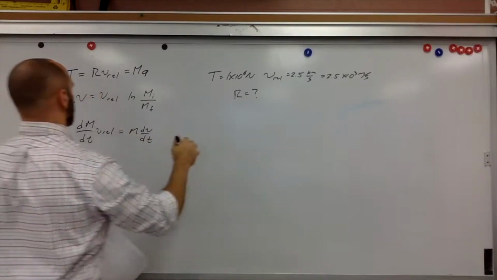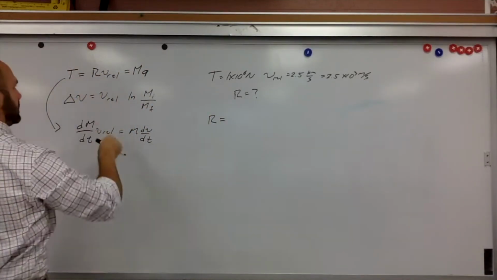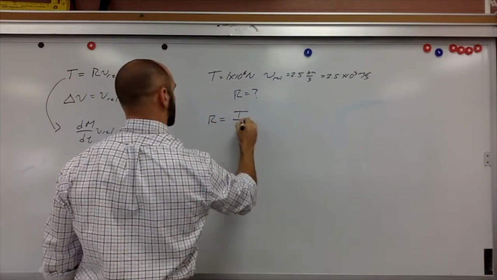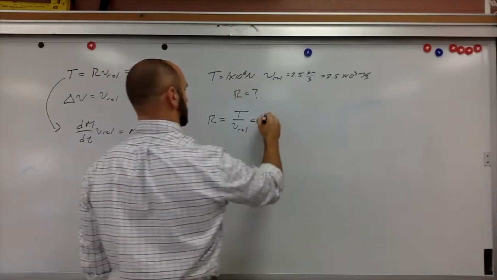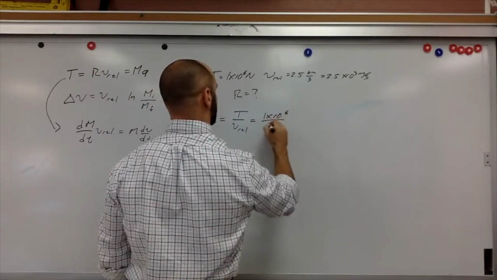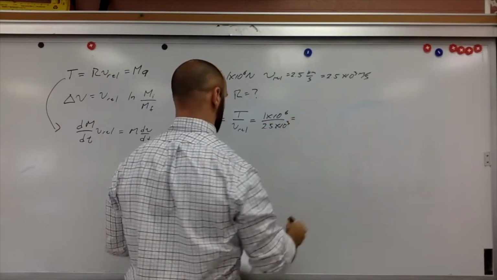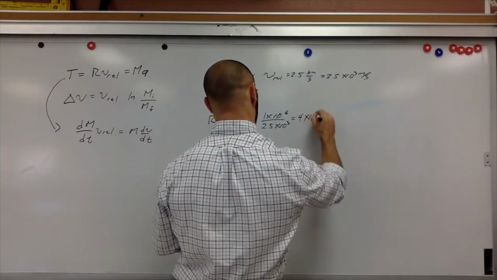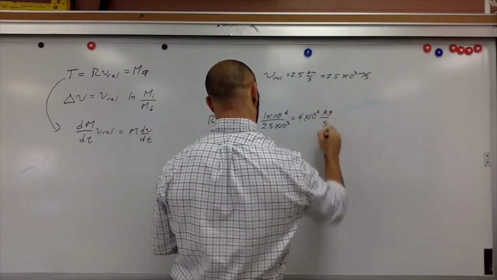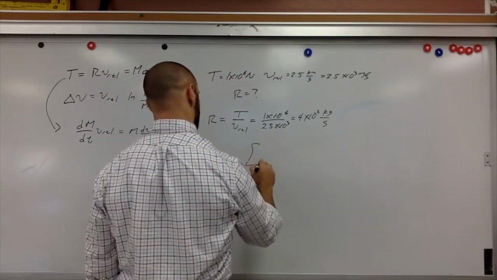Right. So solving this equation, T equals R v rel, R is T over v rel. So this is going to be 1 times 10 to the 6th over 2.5 times 10 to the 3rd. We end up with 4 times 10 squared kilograms per second. Let's do a unit check to make sure it works.